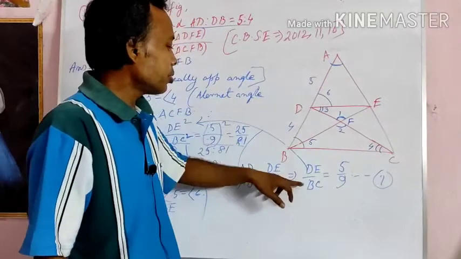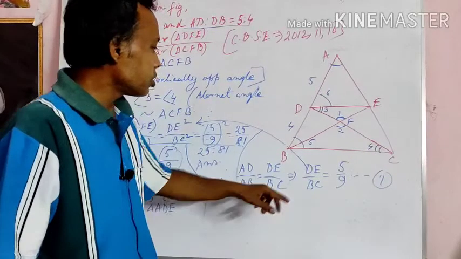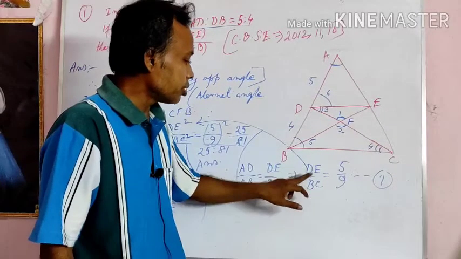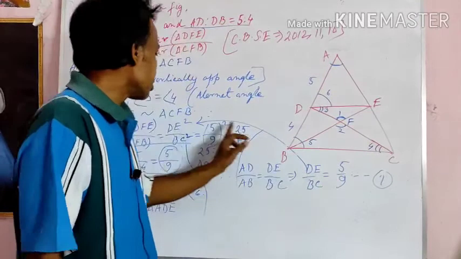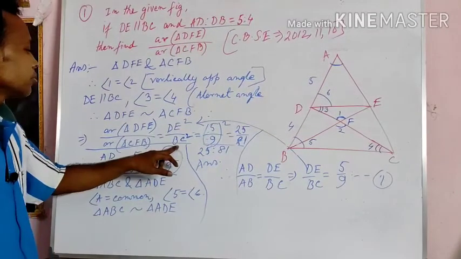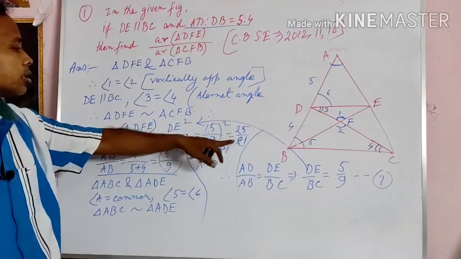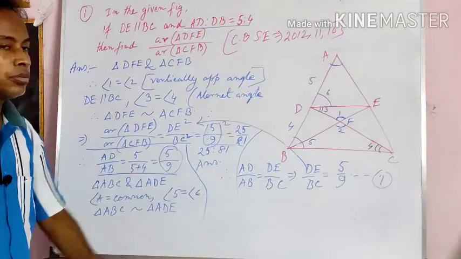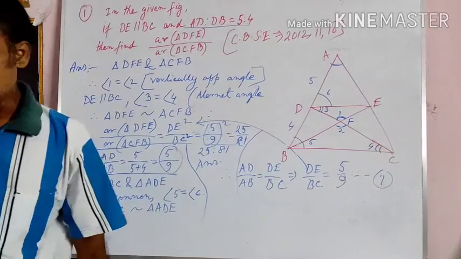Here put the value of AD by AB as 5 by 9, that is equal to DE by BC. So put the value of DE by BC, then you will get the ultimate result 25:81. So next question.